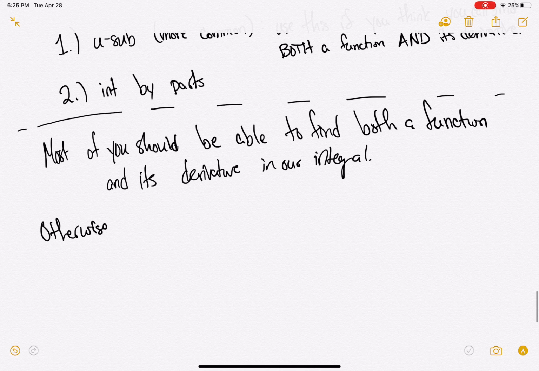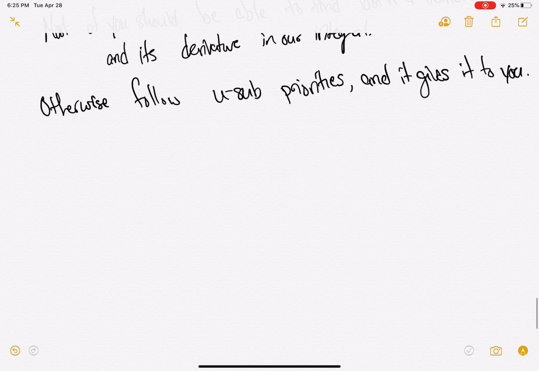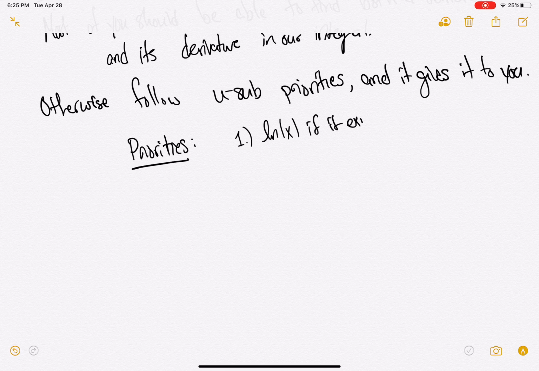Otherwise, follow the u sub priorities, and it gives it to you. So what are our priorities? Priority 1, natural log, if it exists, which it doesn't.